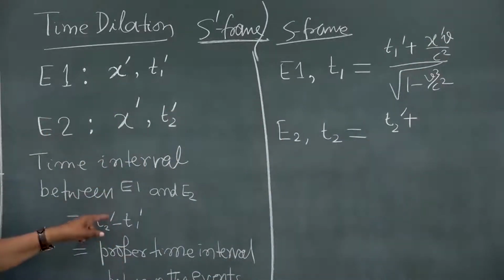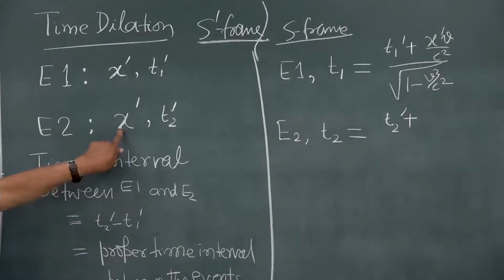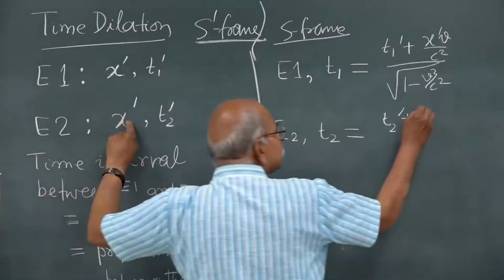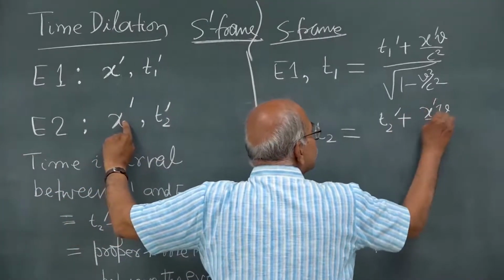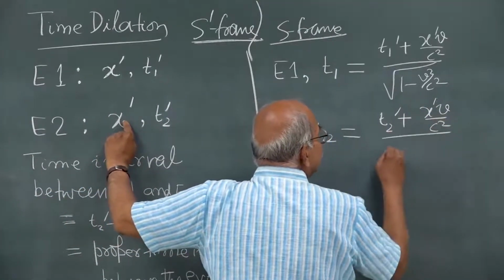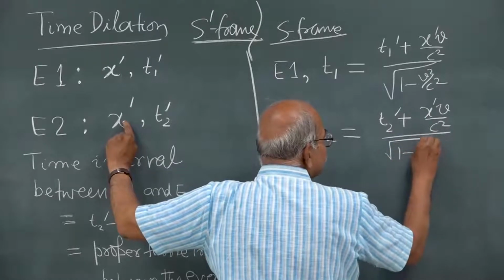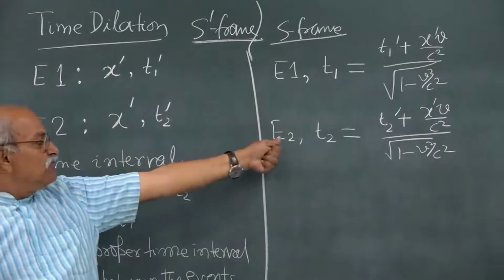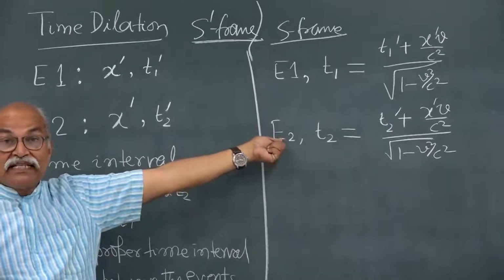The position of this E2, that is again x prime; this x prime and this x prime are the same. So it is x prime times V divided by C square, and then divided by the square root of 1 minus V square by C square. So this is the time of event E2 as measured in the S frame.